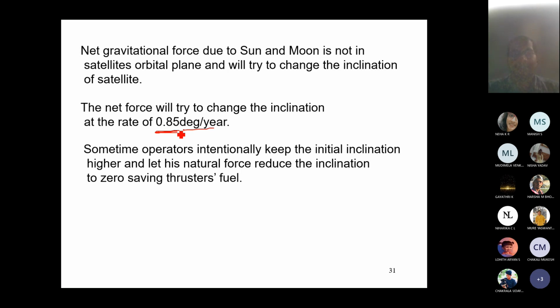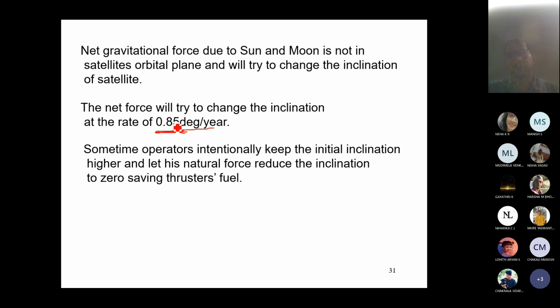Sometimes operators intentionally keep the initial inclination higher and let the natural force reduce the inclination to 0. In order to correct this error, because whatever angle, whatever location we send the satellite to, the location will change.